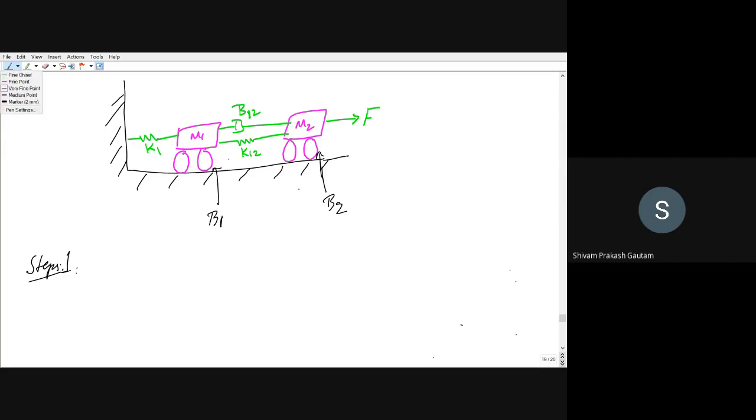So there will be two displacements. You can call this x1 and this x2.